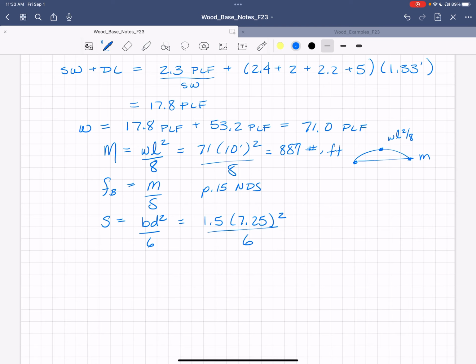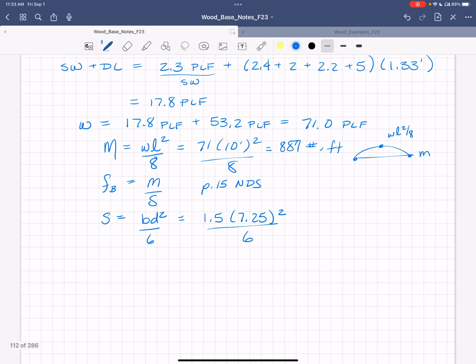So b, what was this? This was a 2 by 8. So b is 1.5, d is 7.25. Those dimensions are given in the table, same table where we got the weight based on density. And you also know how we do dimension lumber now. And we get 13.14 inches cubed.